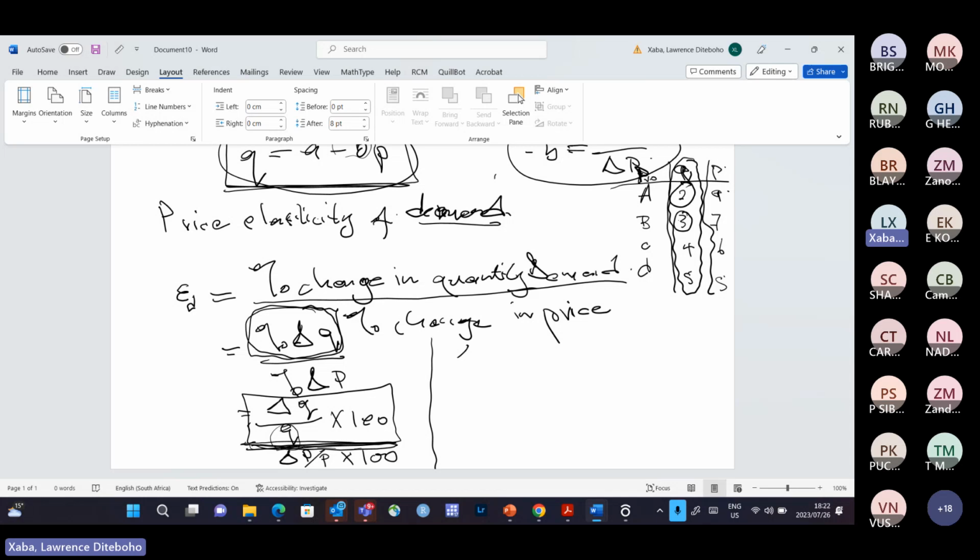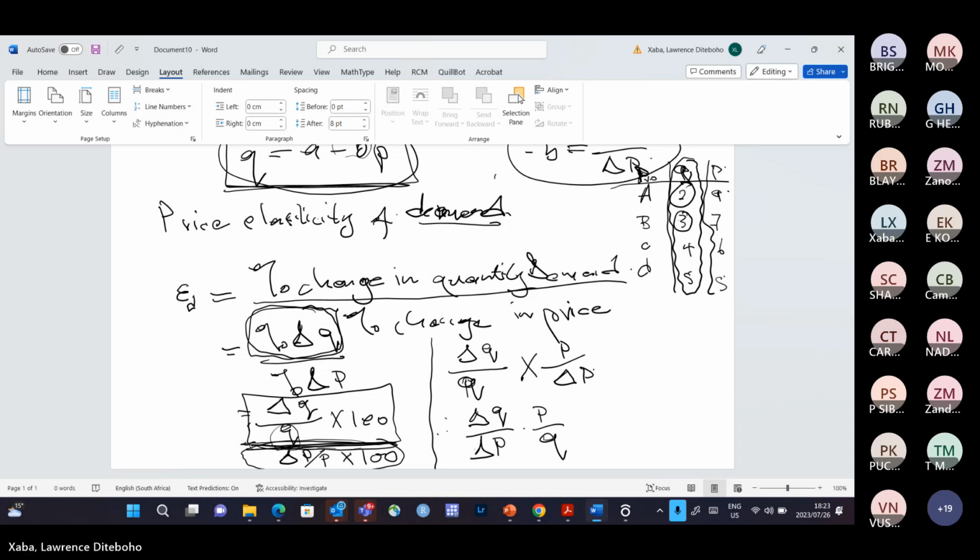If we simplify, we're going to have change in quantity divided by Q. When you divide and then multiply, you do cross multiplication, so your denominator becomes your new numerator. So we have P there, change in P. At the end, we'll have change in Q divided by change in P, times P over Q.